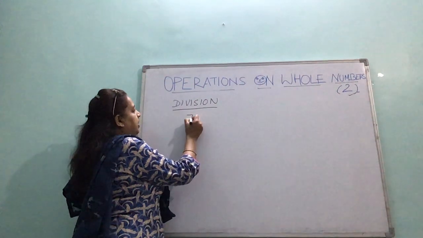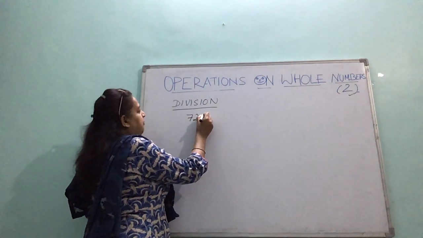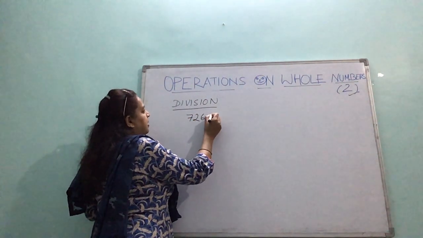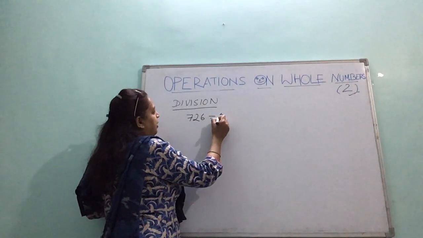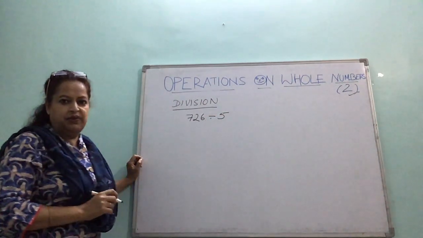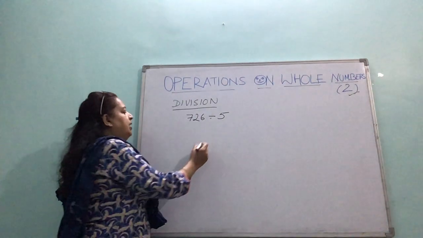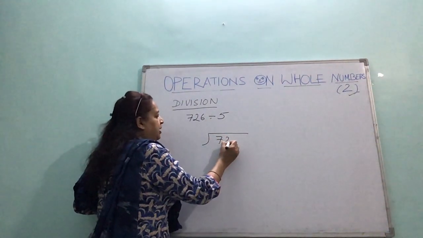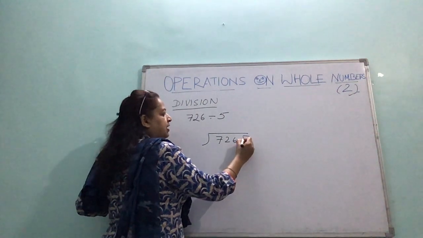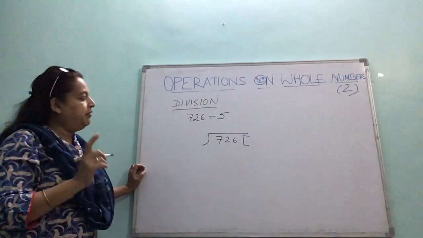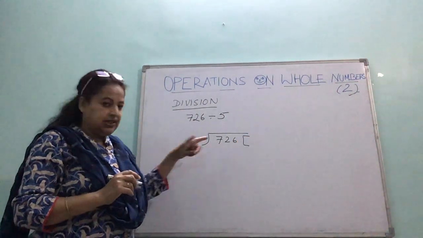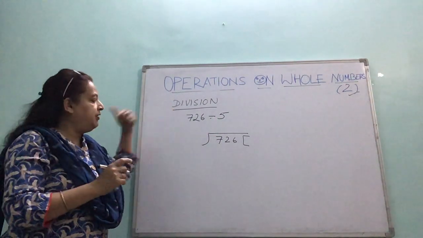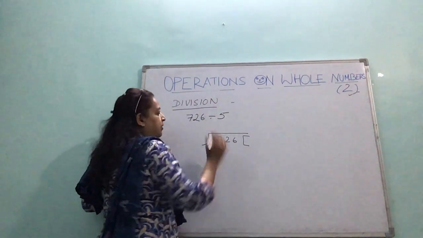If we have to divide 726 by say 5, I'll just take small numbers, 726 by 5, right? I have discussed this algorithm in my previous class on natural numbers, division and the division algorithm.